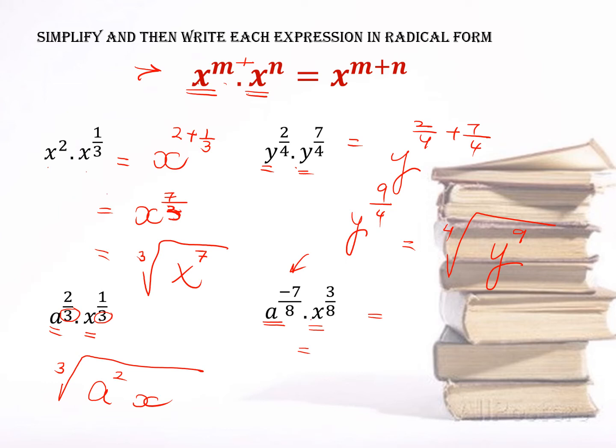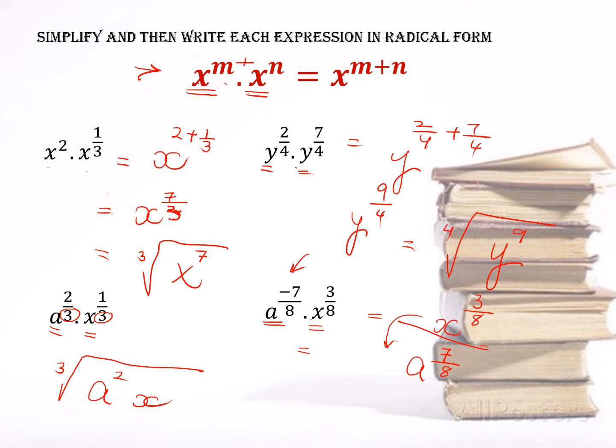So this x to the power 3 over 8 is positive. But this a to the power negative 7 over 8 has a negative power. So you change it. How do you change it? Right now it is written in the numerator. Write it in the denominator. But when you write it in the denominator, the power will become positive.